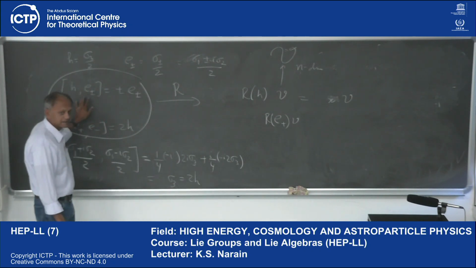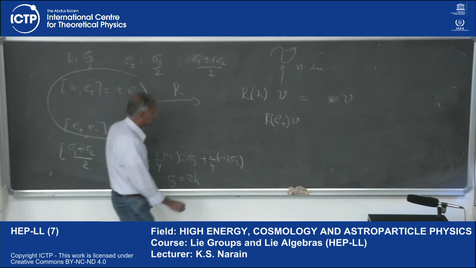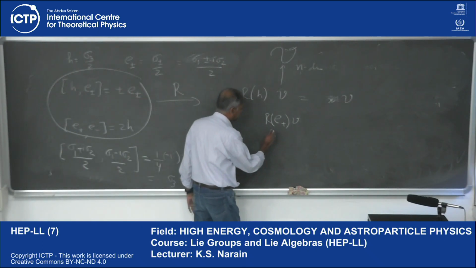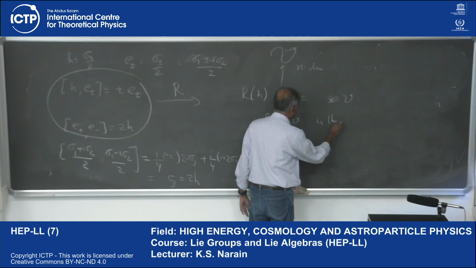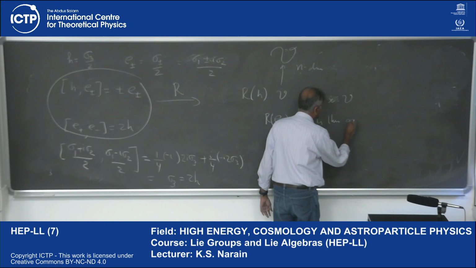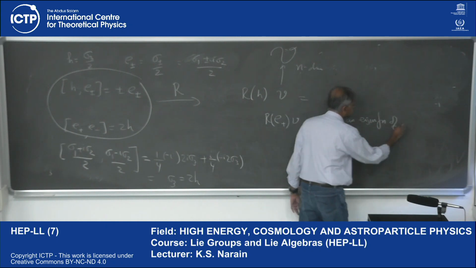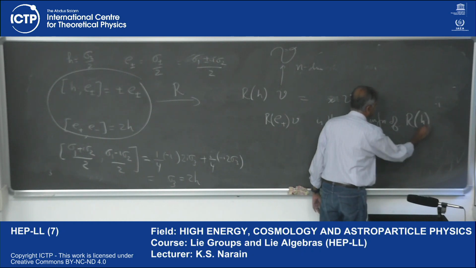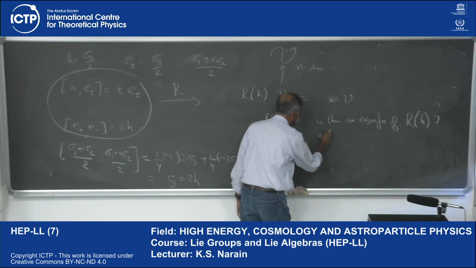However, this commutation relation is what's going to help us. So we are asking, is this an eigenfunction of RH? That is the question. And if so, what is its eigenvalue?